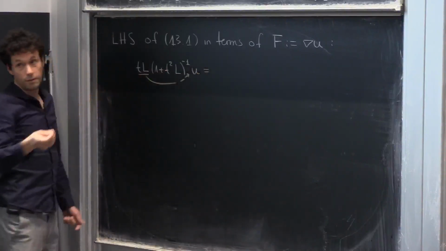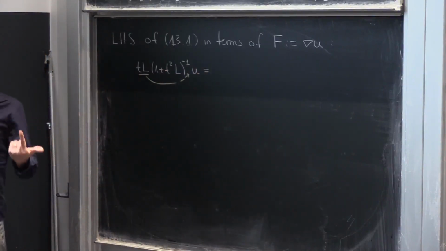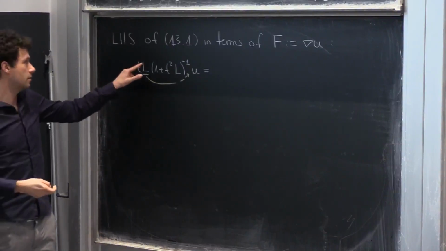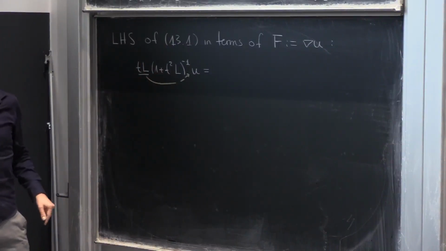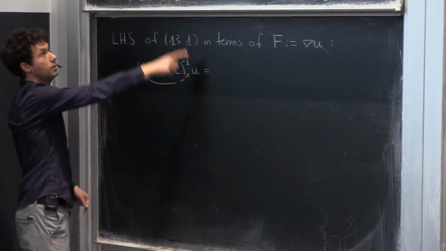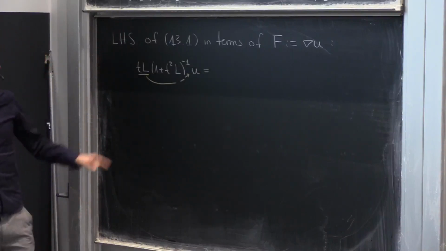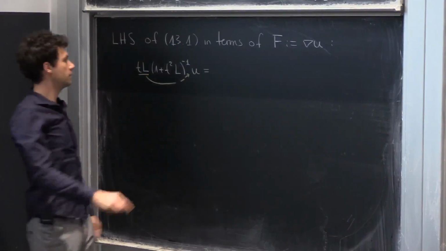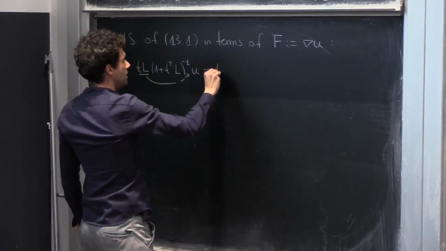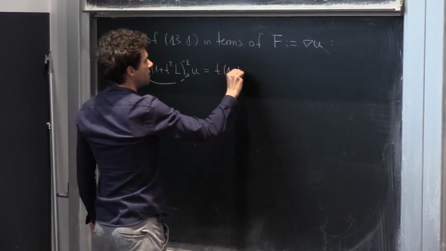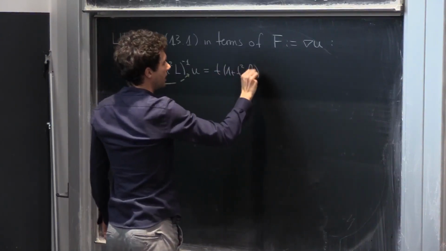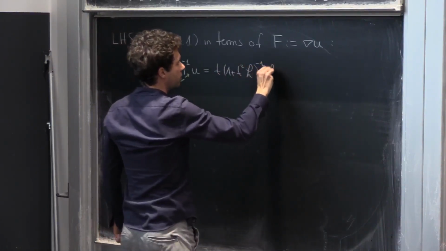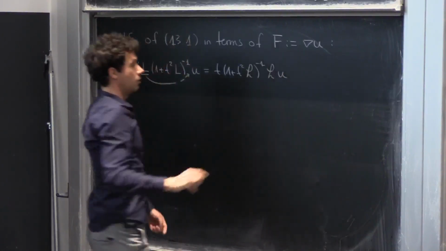These guys and the resolvents, they are the respective restriction using the curly notation. So I can replace this L by curly L. And once I have the curly L, well, u is in H1, so I can put the curly L through. So I can write it as t times (1 plus t squared curly L) inverse applied to curly L of u.